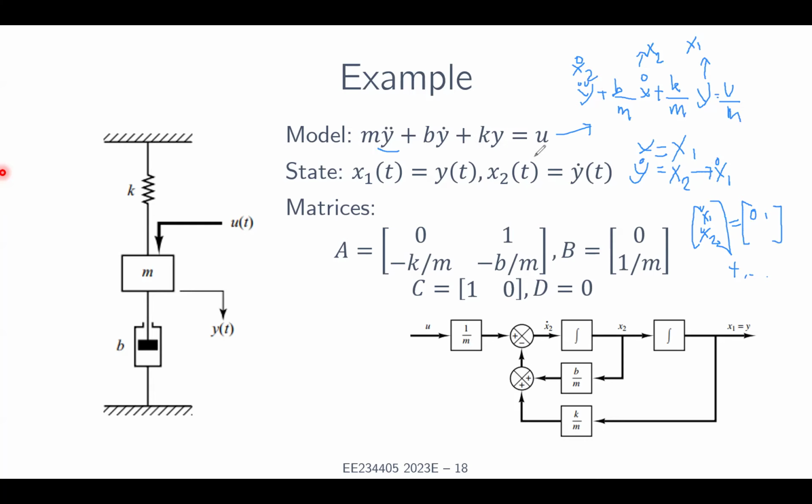So x2 dot is minus k over m x1 minus b over m x2, right? And we choose y to be x1. So I think we should just simply understand.